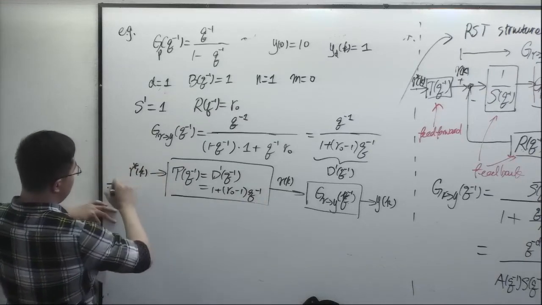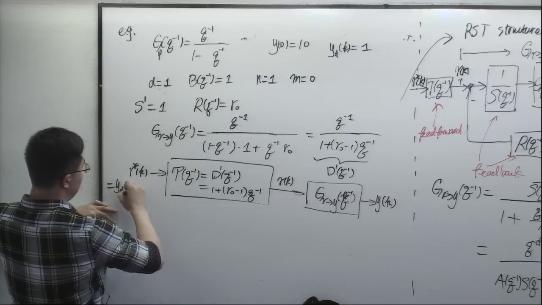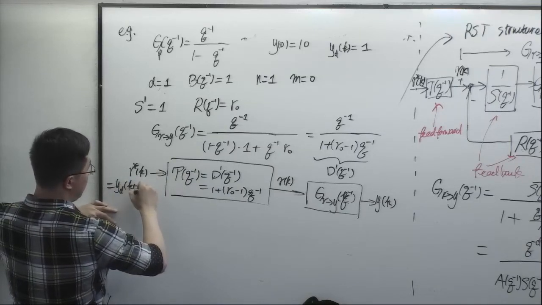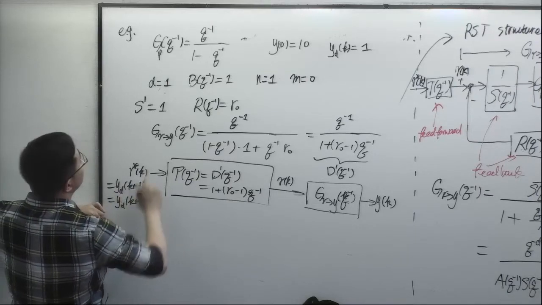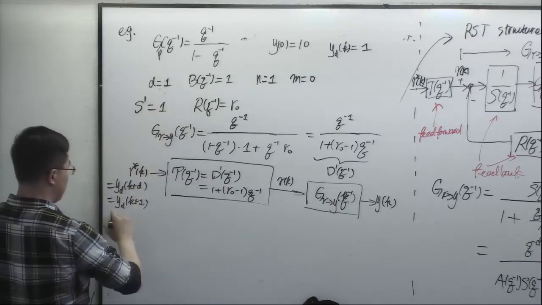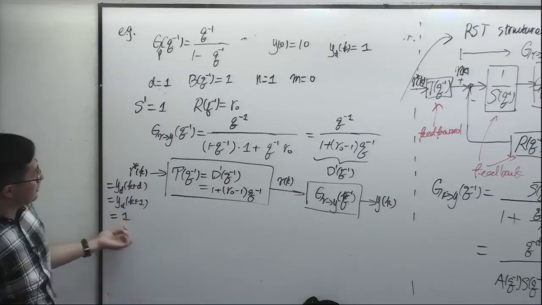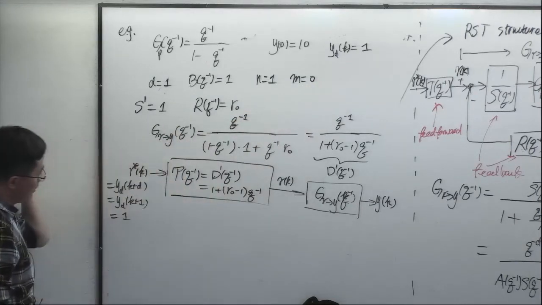So R star K, from our analysis, this should be YD K plus D. Should be YD K plus 1. D is 1. All right, so it should be always 1 from the constant reference design.